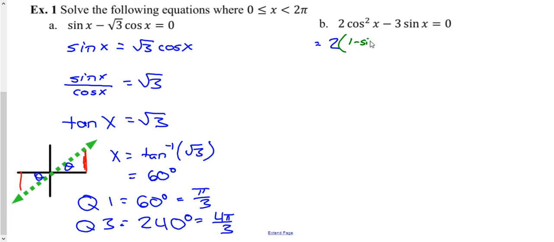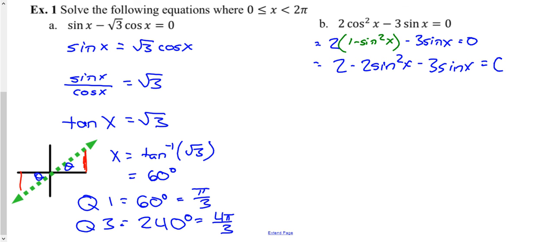And why did I do that? Well, now I have everything in terms of sine. Then we still have that minus 3 sine x equals 0. From here, I'm going to just distribute in. So this is now 2 minus 2 sine squared x minus 3 sine x equals 0.